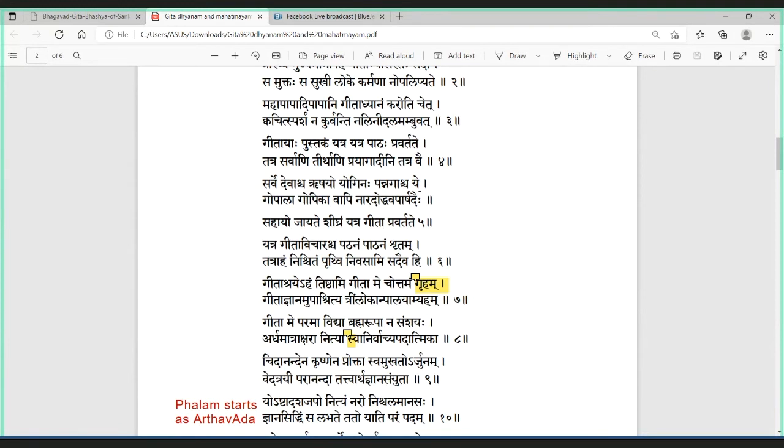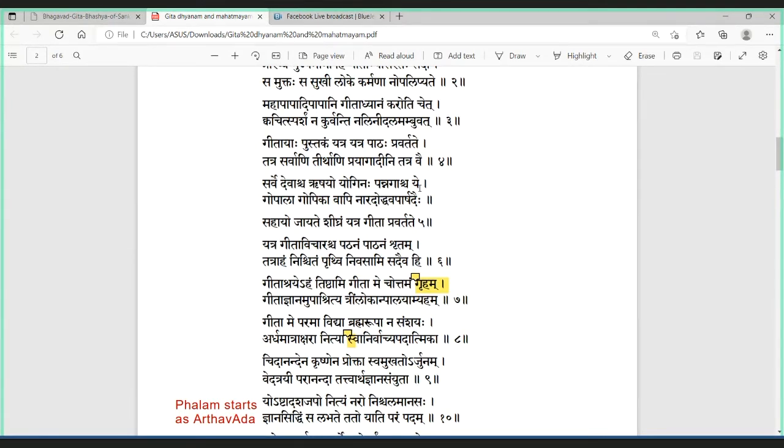Pannagaha are the attendants of Lord Shiva. Gopala, Gopika, va api Narada, Uddhava, Parshadaihi, and their attendants also. Means the entire Devaloka, all those who are on the path of the higher, they are all there where there is Gita.